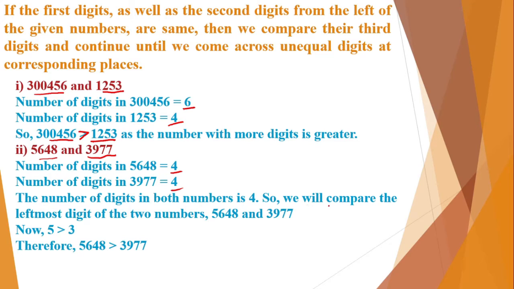So we will compare the leftmost digit of the two numbers 5,648 and 3,977. We have 5 and 3. You can see that 5 is greater than 3. Hence 5,648 is greater than 3,977.